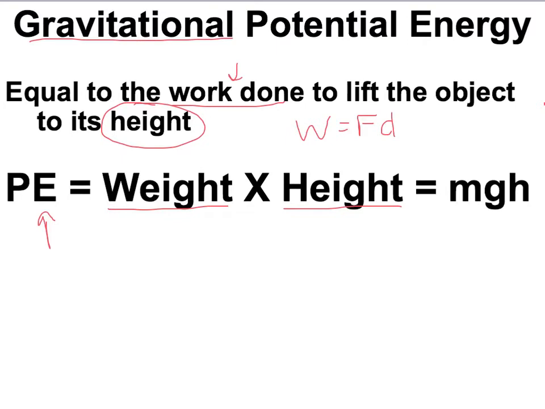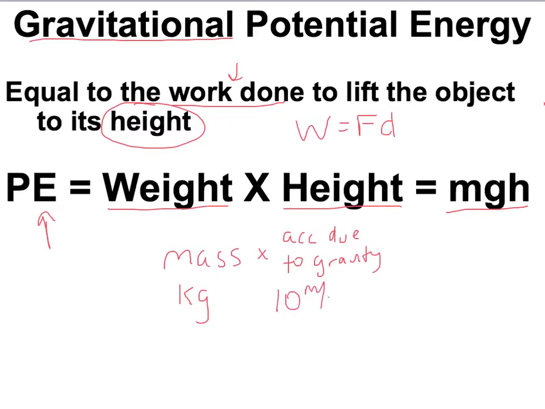Another way we can write that same thing is mgh, or mass in kilograms times acceleration due to gravity, our friend little g. And remember, that was 10 meters per second squared, times h, which is the height, and that's going to be in meters.